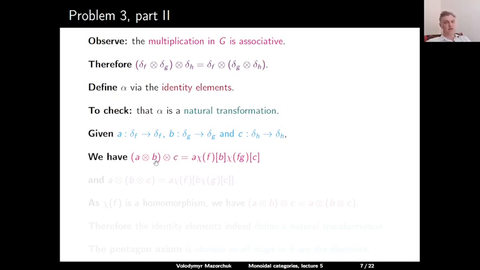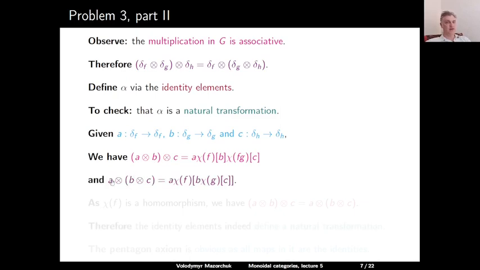The tensor product of A and B is by definition A times chi of F applied to B. And then when we tensor with C, note that A tensor B has degree Fg. So we should take this element A times chi of F applied to B, and then we should apply to C the element chi of Fg, where Fg is the degree of A tensor B. So this is for this bracketing.